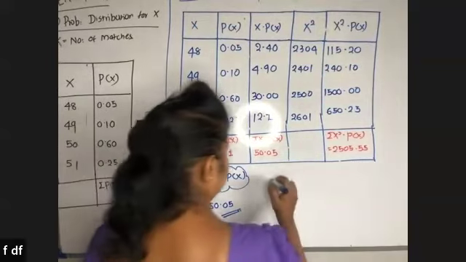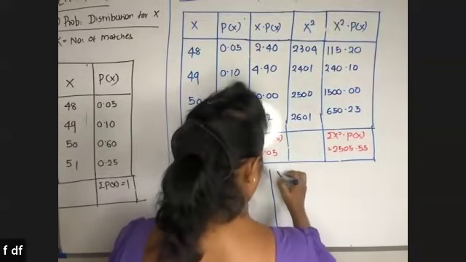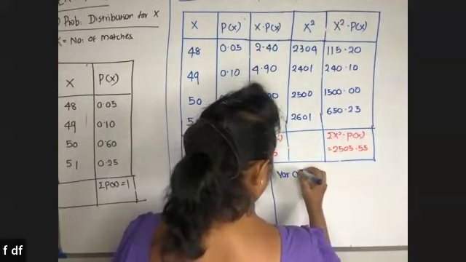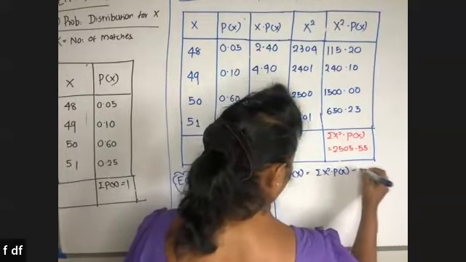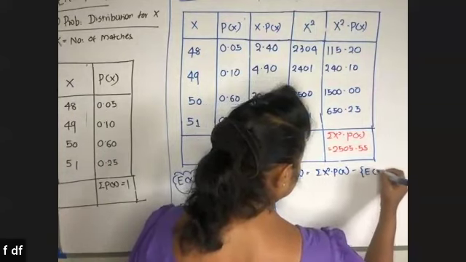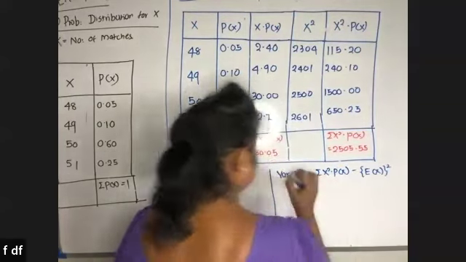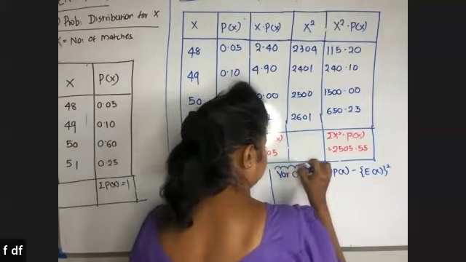So what is your variance? Now it has to be calculated. Variance of x is equal to sigma x square P(x) minus the square of E(x). This is the formula for variance.